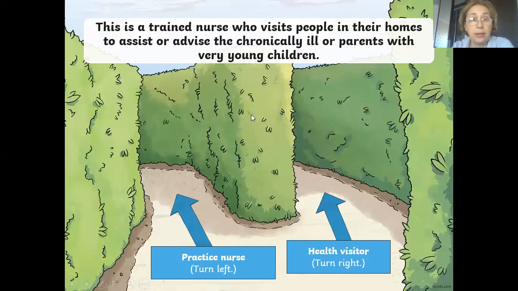Yes, you're right. The next is a nurse who visits people in their homes to assist or advise the chronically ill or parents with very young children. Is it practice nurse or health visitor? Amar? Health visitor.